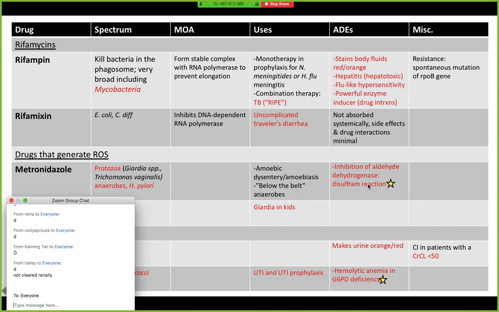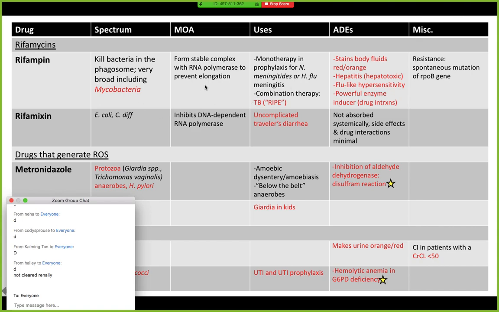If you're inhibiting aldehyde dehydrogenase, you're messing with ethanol metabolism. So basically, if someone is drinking and taking metronidazole, they're going to be very sick. That's what's known as your disulfiram reaction. If you prescribe a patient metronidazole, you definitely want to caution them on drinking because that can make them very sick. We were actually just tested on this again in Repro too.